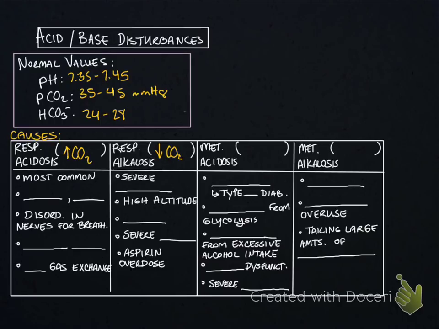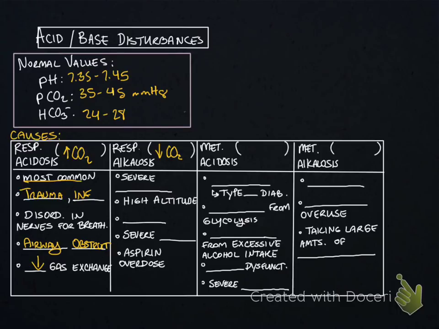So lower than 35. Respiratory acidosis is the most common of all the acid-base disturbances. It can be caused by things like trauma and infection. So if it's trauma, it could disrupt the nerves that are involved in breathing or airway obstruction, or even just a decreased gas exchange can result in respiratory acidosis. Okay?